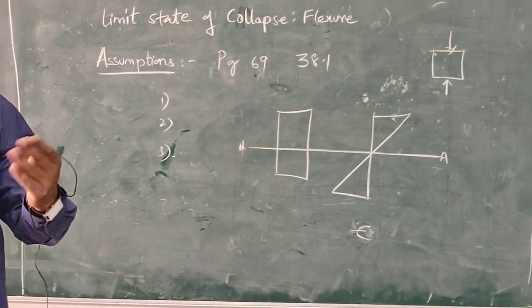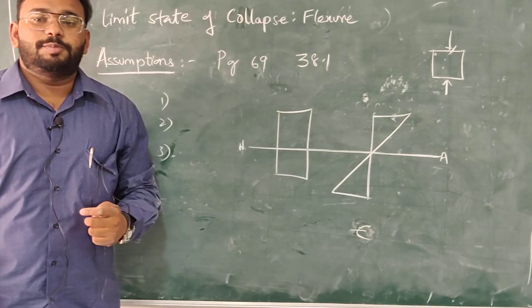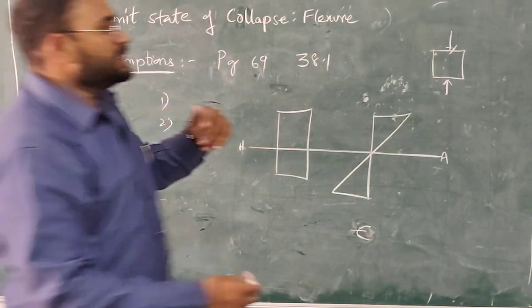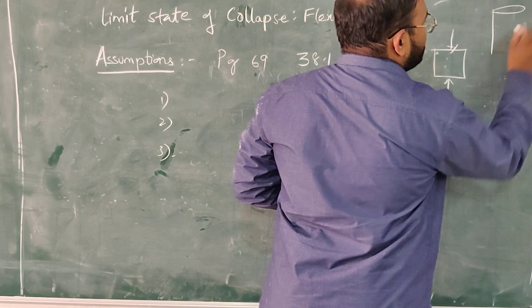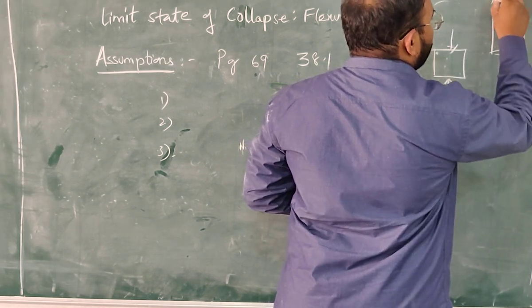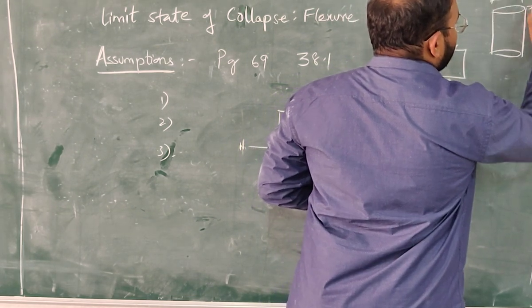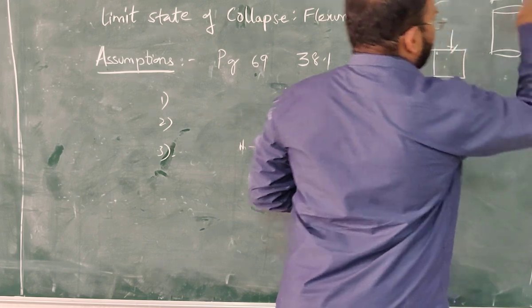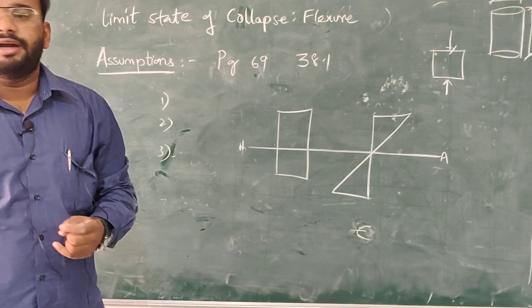How do you test tensile strength on concrete? We'll do split tensile strength. We'll cast a cylinder like this of some IS specifications. This is given as 150. This is given as 300. I don't remember exactly. 150 and 300 is the standard dimensions given.